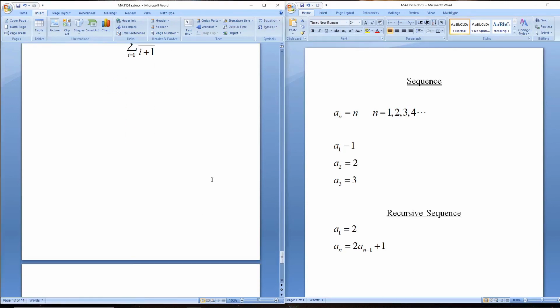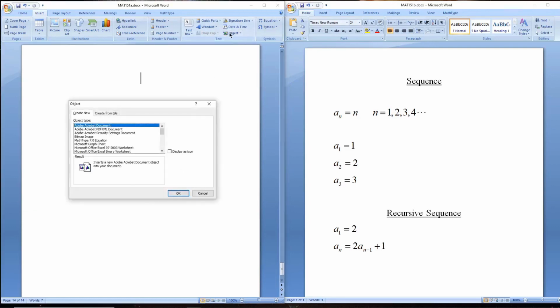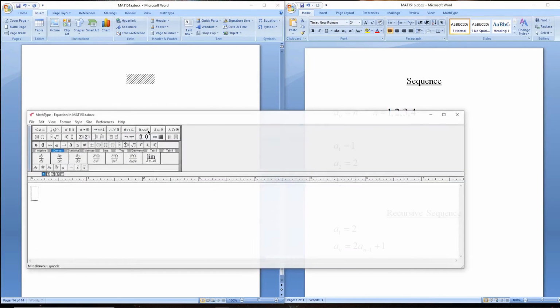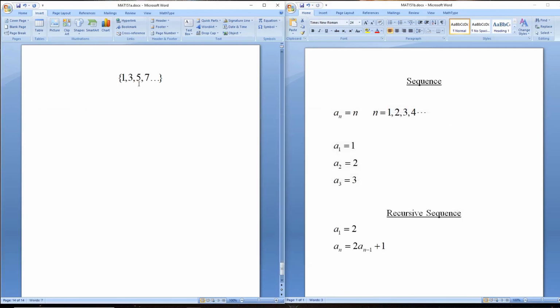Now, in closing here, I do want to point out some common things that happen with sequences and summations. And let me just list out all the odd numbers. So all of the odd numbers.